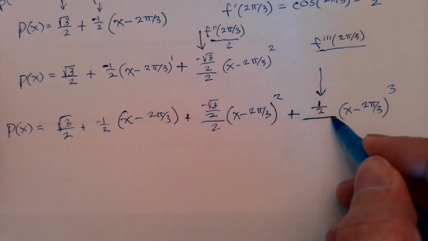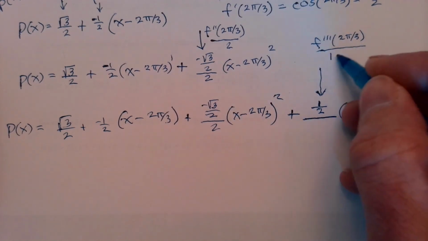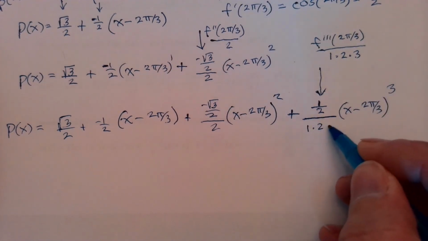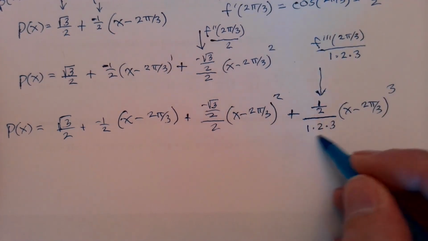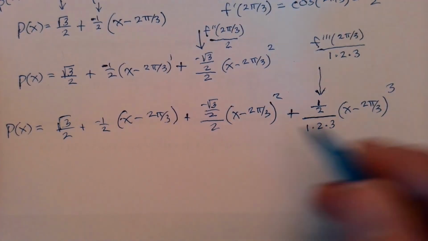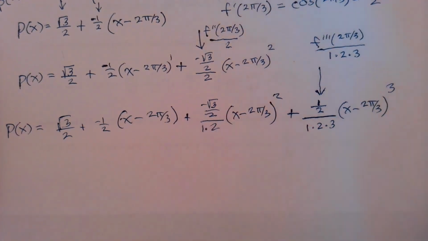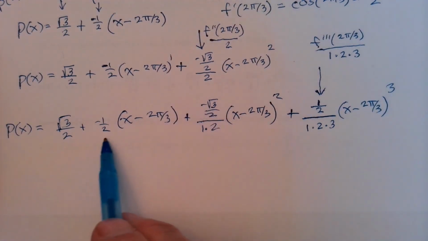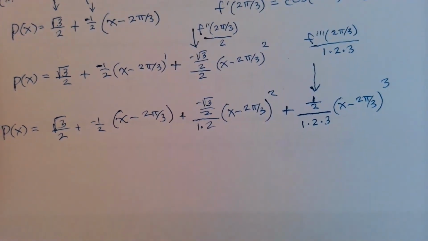I could just divide by 6, I guess, but that wouldn't fit with the overall pattern. Yes, you may recognize this as 3 factorial. And you may recognize this as 2 factorial. And if you wanted to really extend the pattern, you can divide these by 1 and 0 factorial respectively, because those are just values of 1.